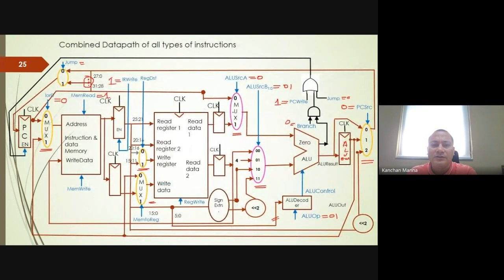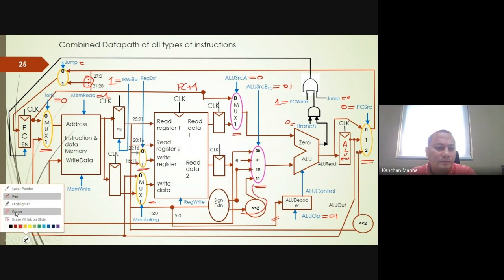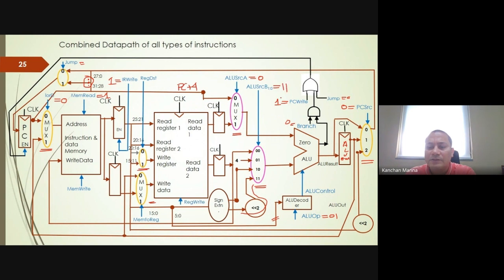in the data path, PC plus 4 would be available here, right? PC plus 4, and then the branch address would come via this path. So in that way, this value would be 0, and this would be 1, 1, right?